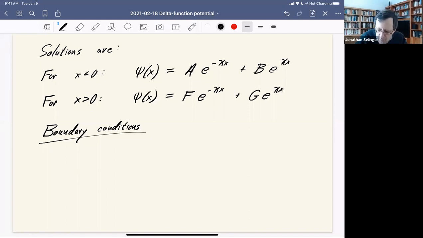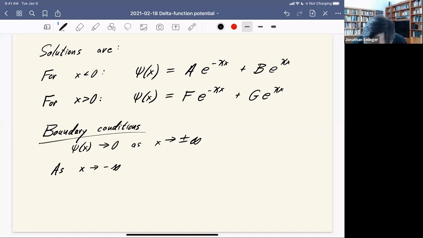And so we know we need that psi goes to 0 as x goes to plus or minus infinity. That's the only way it can possibly be normalizable. Okay. So let's check what happens as x goes to negative infinity.